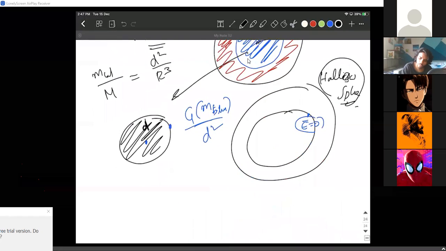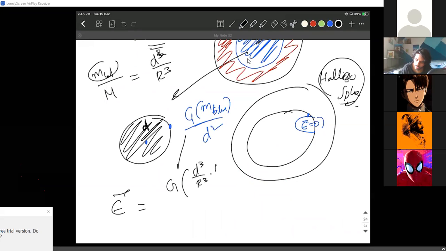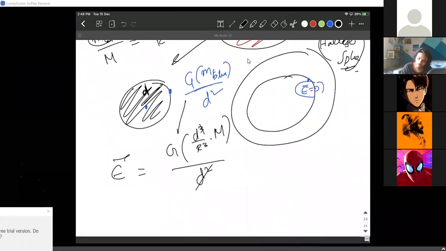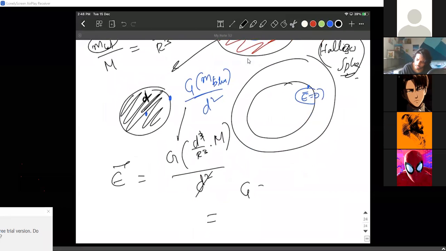So the field equals G into m blue, which is d cube by r cube into capital M, by d square. This cancels to give G d by r cube into M. You can simply put it as GM by r cube into d.